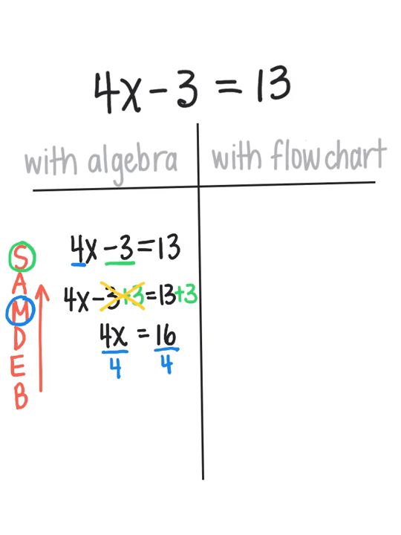We look for the coefficient of the variable and divide by that number. On this side, 4 divided by 4 gives us 1, which leaves us with x. On the other side, 16 divided by 4 gives us 4. So that's how we would solve a simple equation using algebra.